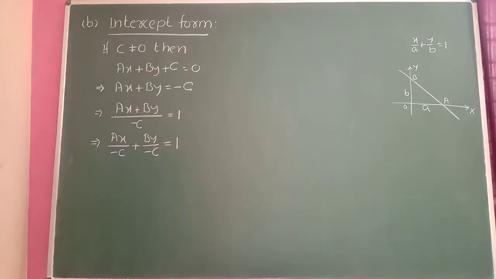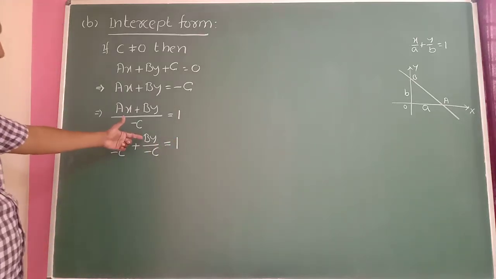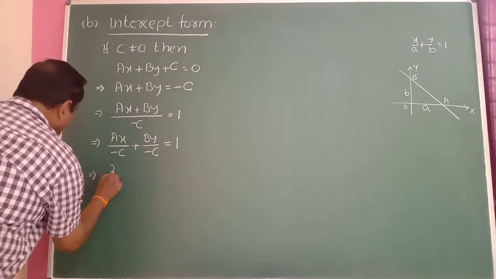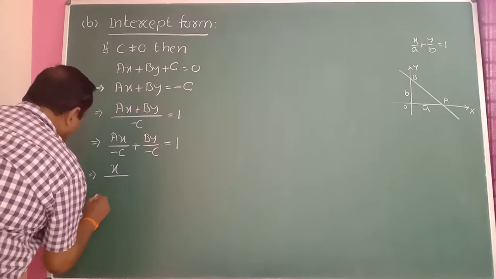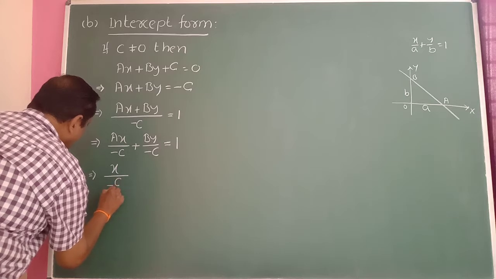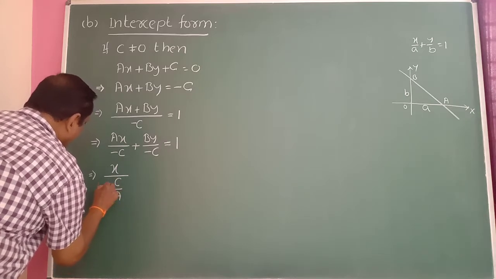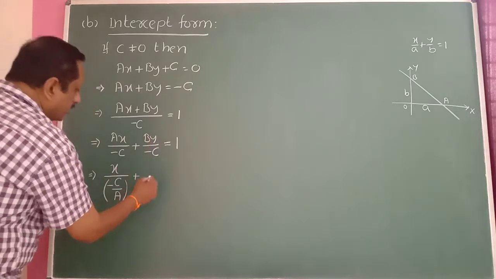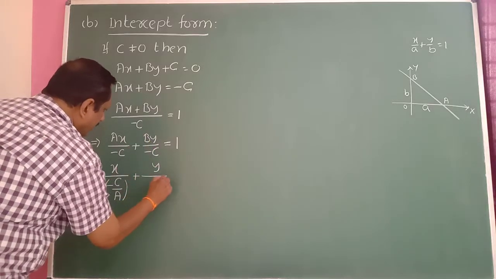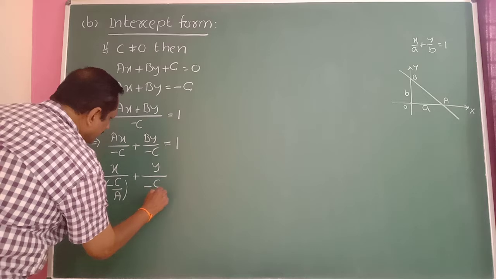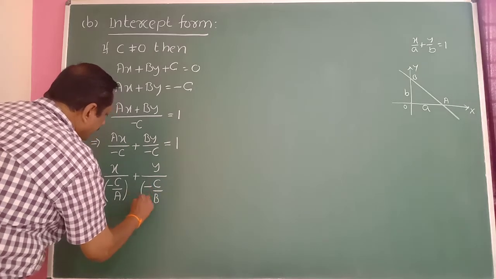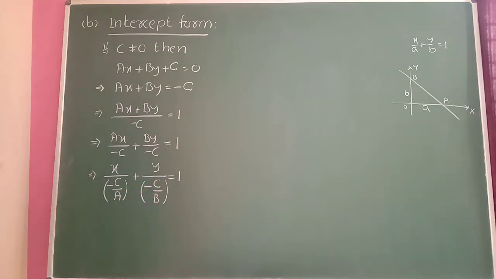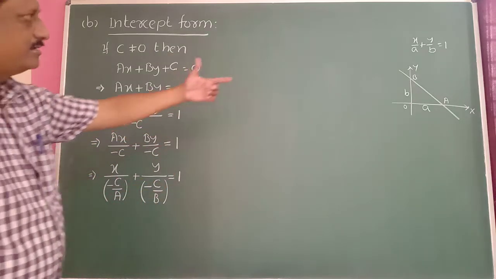Take this a to the denominator and b to the denominator. Therefore, x divided by minus of c divided by a, plus y divided by minus of c divided by b, is equal to 1. Obviously, this is in that form.